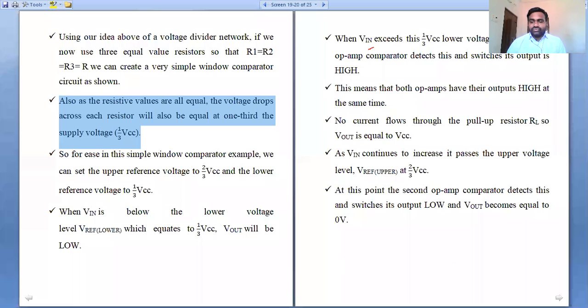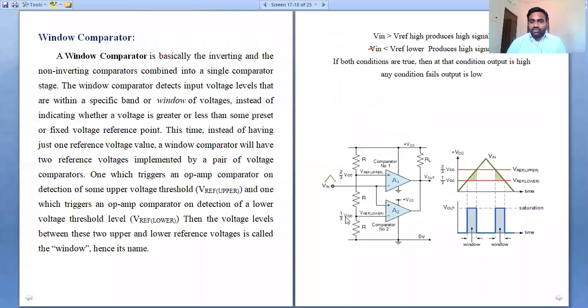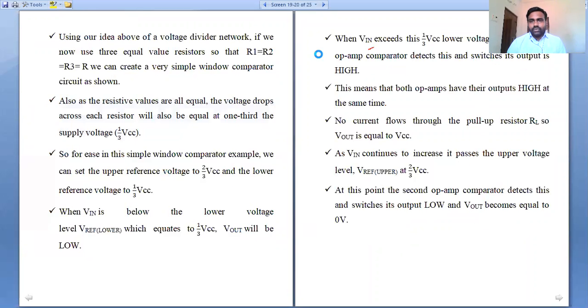At the first resistance we have 1/3, at the second 2/3, and at the third the full reference voltage. So if the input voltage exceeds 1/3 of the output voltage, then the output is high. So this is the analysis with respect to the window comparator.